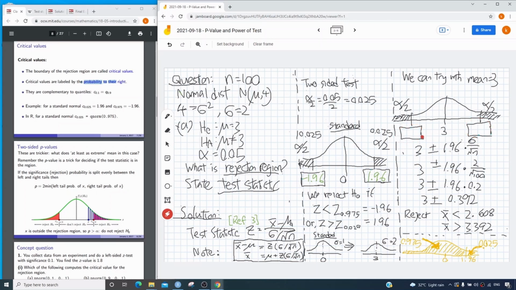To get the value on the left side, the value is 3 minus 1.96 times sigma over square root of n.